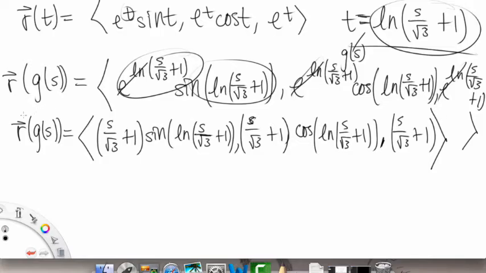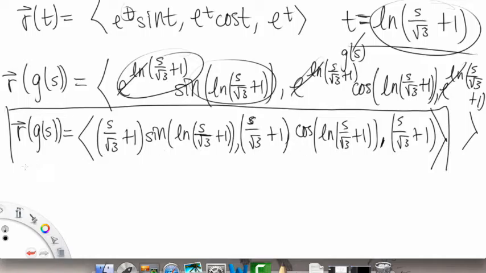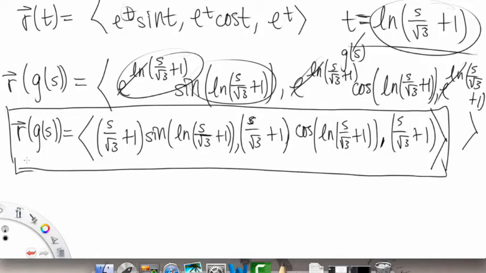Alright, so that basically does it. This last line here, I'll put a box around it. This is our arc length parameterization. Okay? And if you were to have the desire to check that it is an arc length parameterization, what you would do is go back and calculate the magnitude of r prime of s, or r prime of g of s.